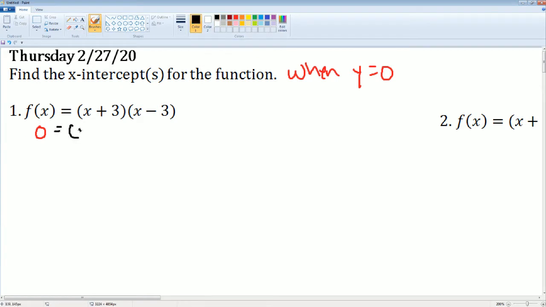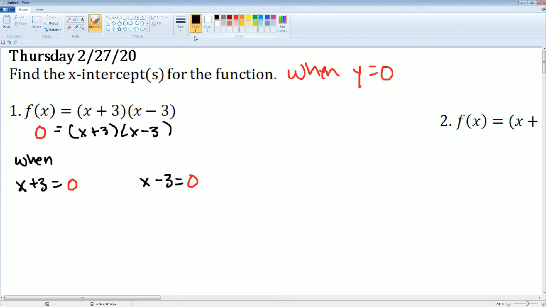When can this be equal to 0? It is equal to 0 when this, which is x plus 3, is equal to 0, and when this, the first expression equals 0, or the second term is equal to 0.